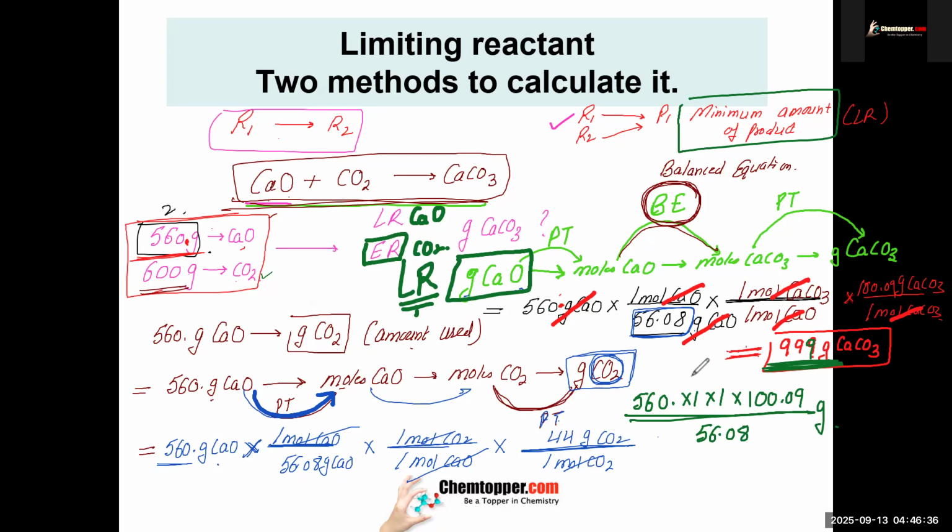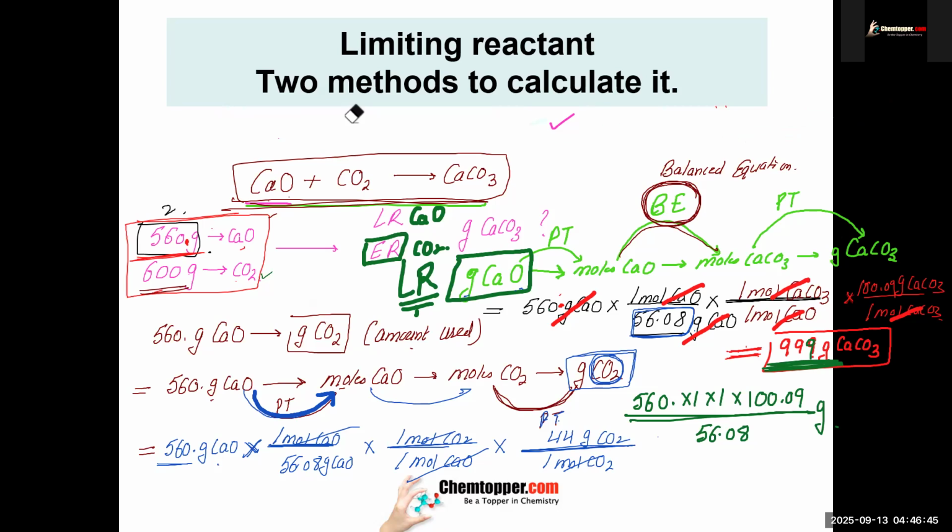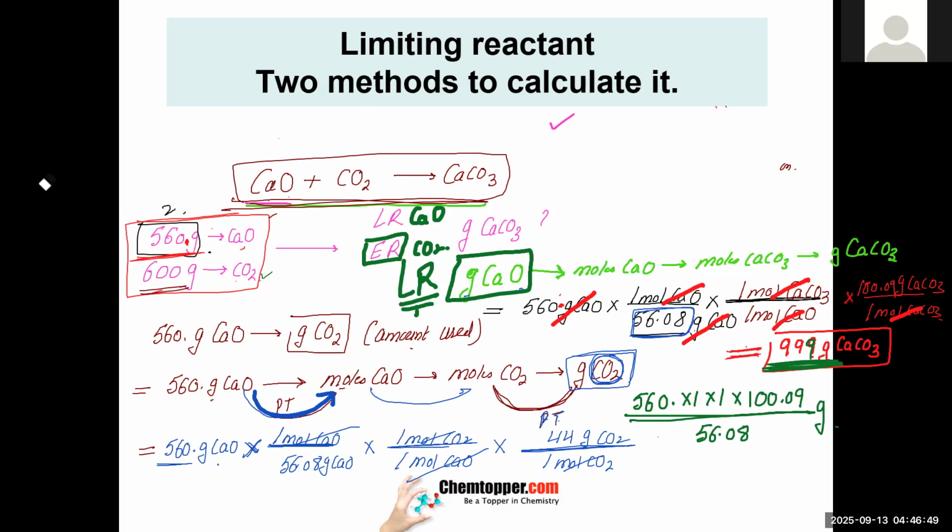That part is done. We already know we are getting 999 grams of calcium carbonate. Now we are working for carbon dioxide.